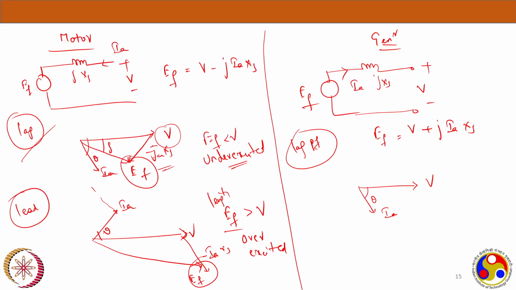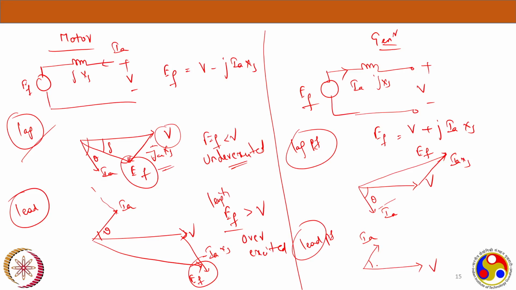And let's draw for the leading power factor also. For the leading power factor, you have this V like this and you have your IA leading by the power factor angle, and IA XS like this, right here. Now V plus IA XS will be here, EF.